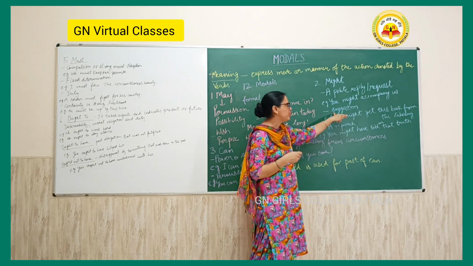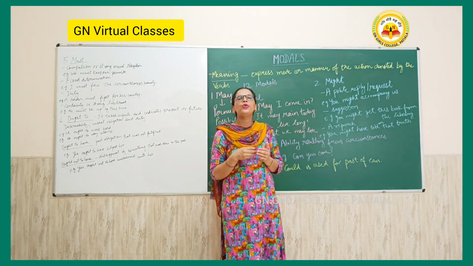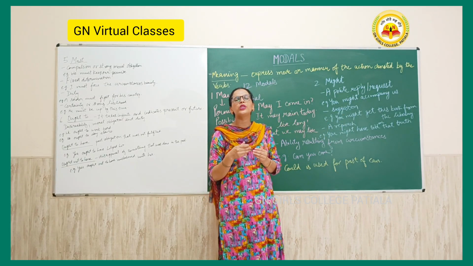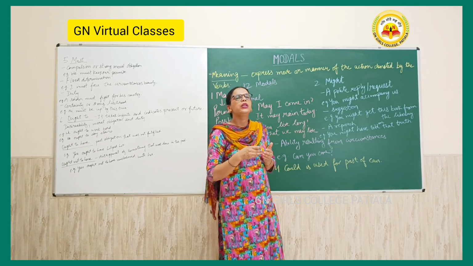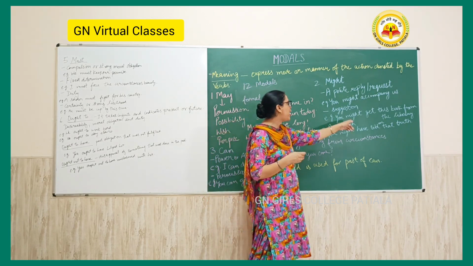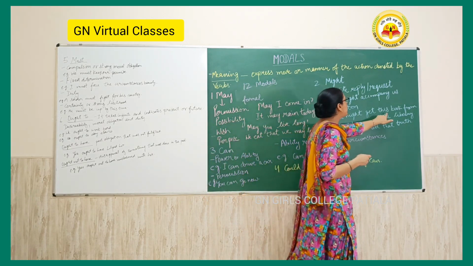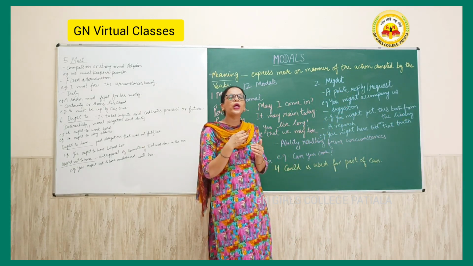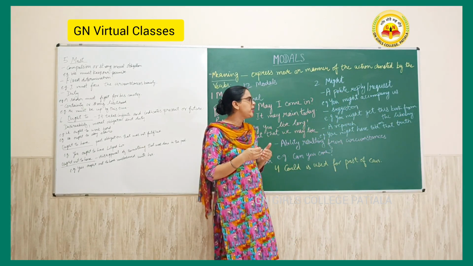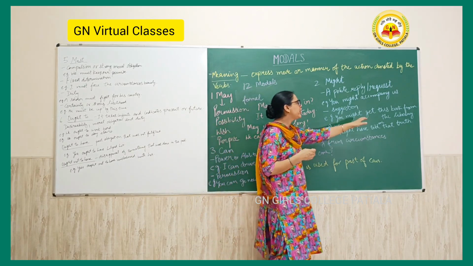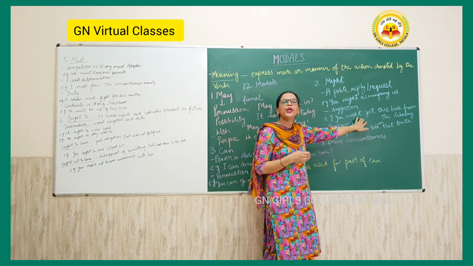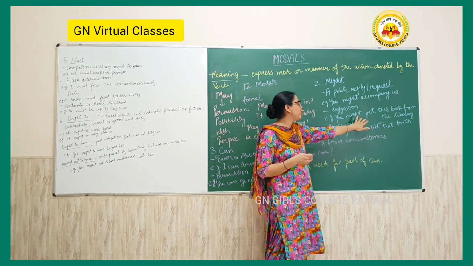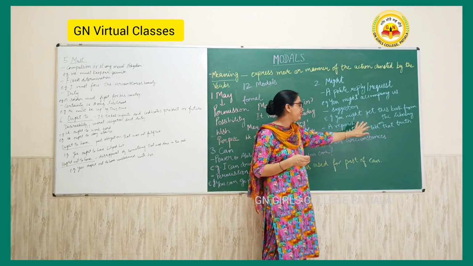Second is suggestion. When you are giving a suggestion to someone to do something, then you have to use might. You might get this book from the library. You are asking the students or your children to get this book from the library. You are giving a suggestion, then you have to use might here.